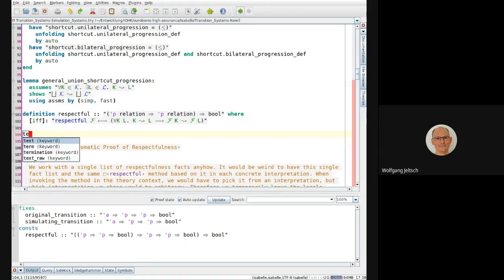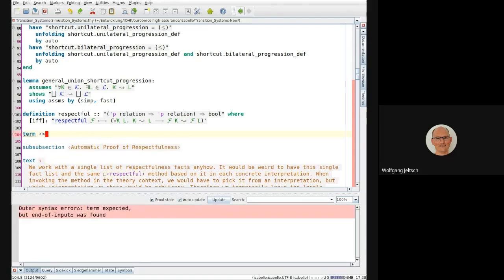So essentially, we need what? We have already deduced that f k shortcut progresses to f l, and g k shortcut progresses to g l.